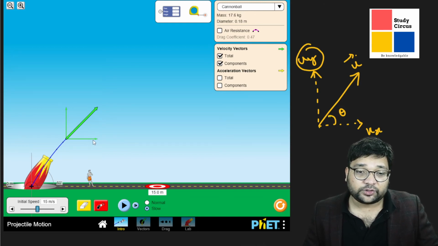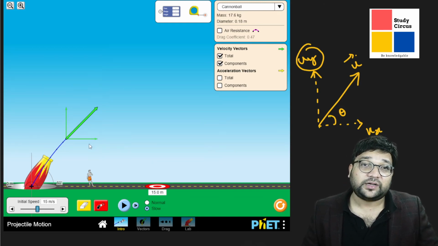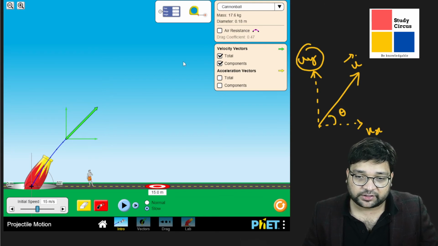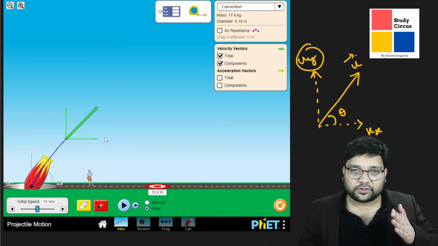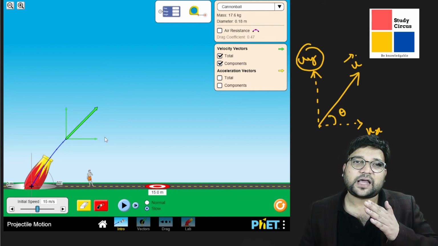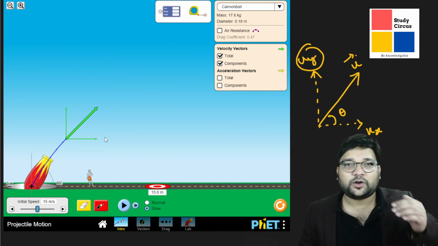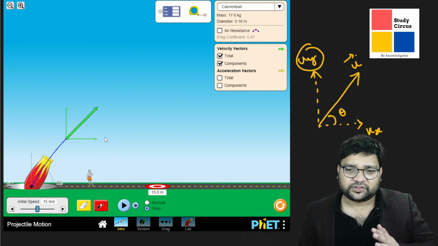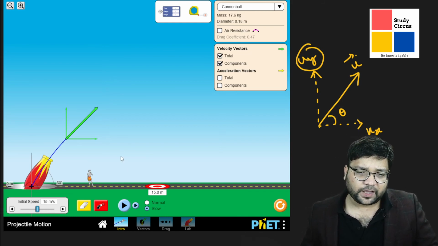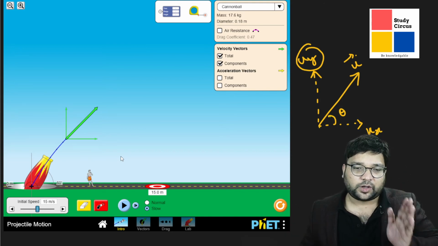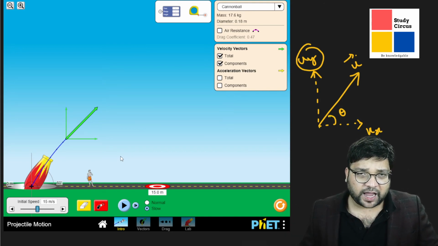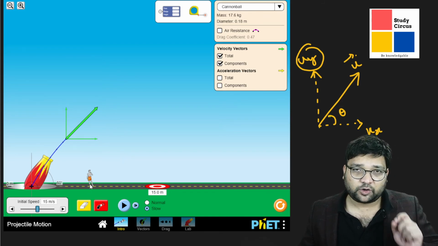As I have told you, the vertical component of the velocity will change. The velocity vector is visible, right? And obviously the direction of the velocity all along the path is tangential. But we can resolve the components, vertical and horizontal, at any time. So I have told you that only the vertical component will change.